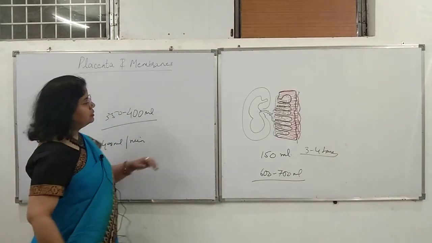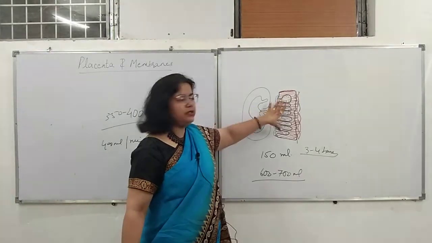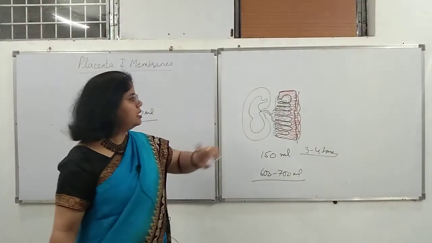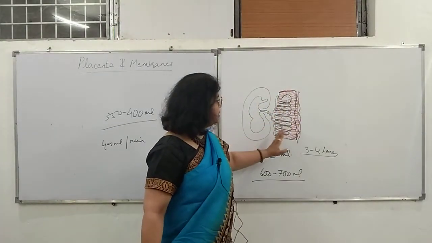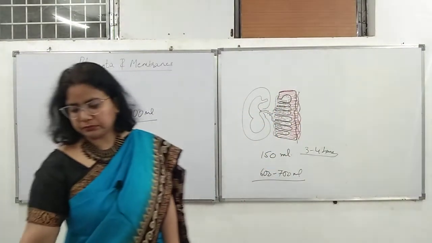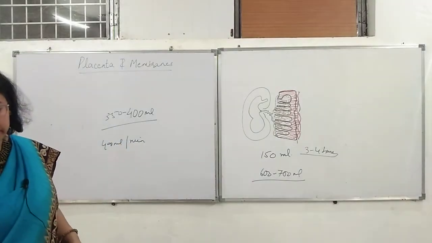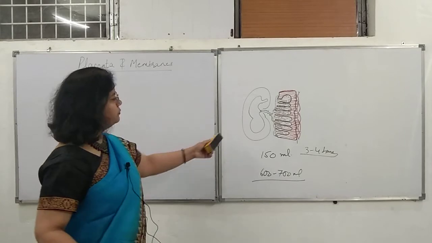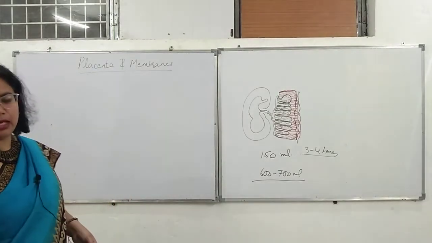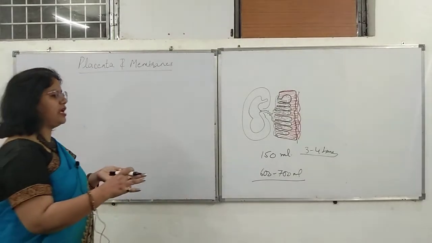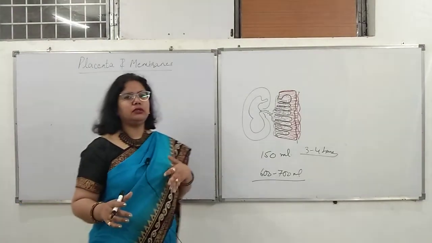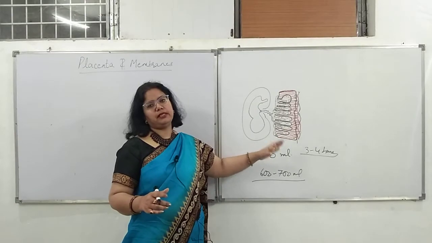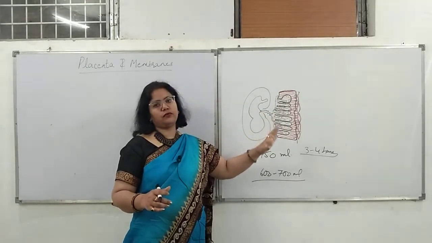So the blood in the villi is replaced once in a minute, and blood in the intravillous space is replaced 3 to 4 times in a minute. There is more fetal blood in the placenta. When the placenta is shed at the time of parturition, it has only the decidua, which is of maternal origin, and the blood in the intervillous space, around 150 ml, is of maternal origin.